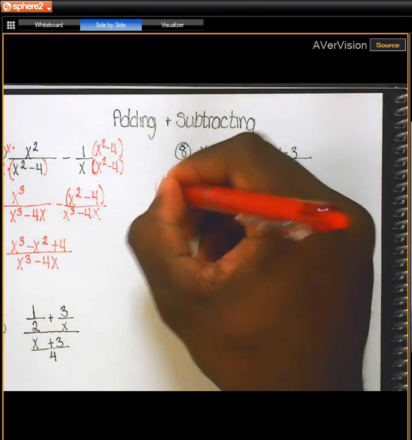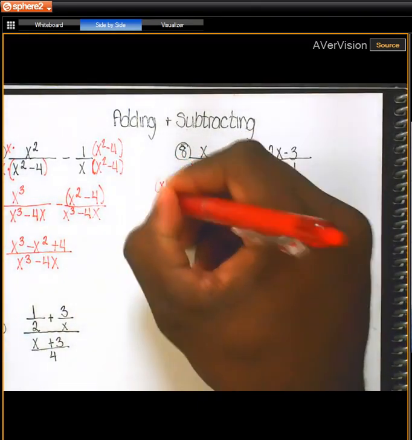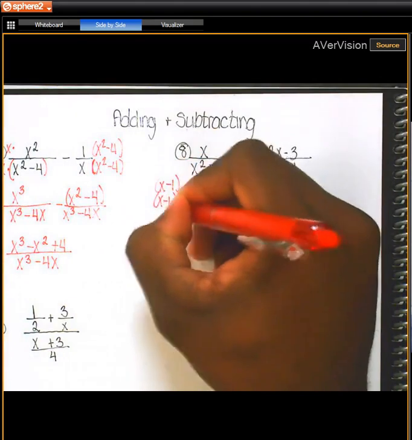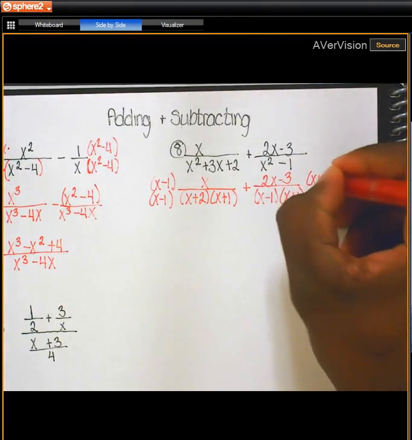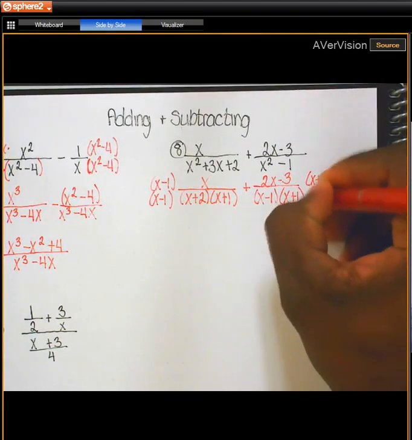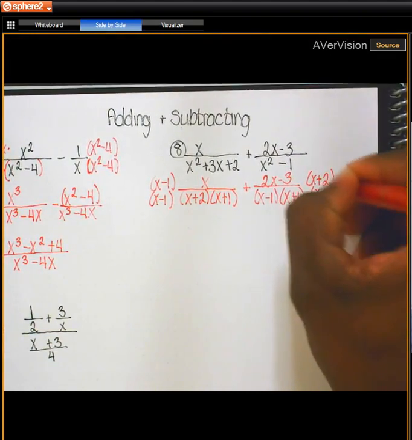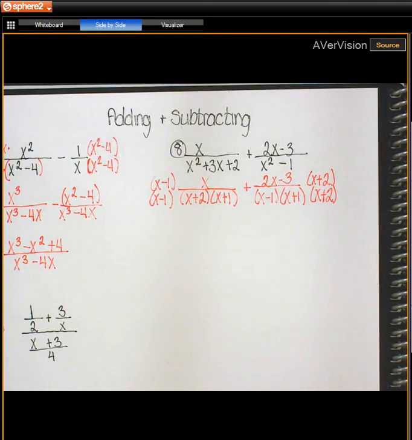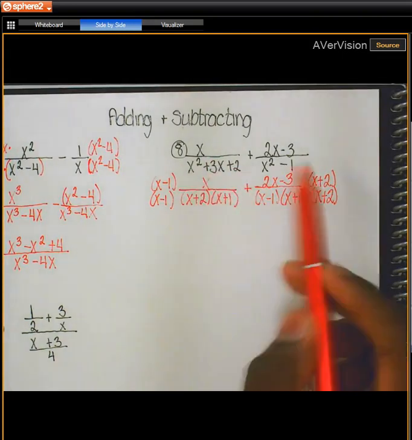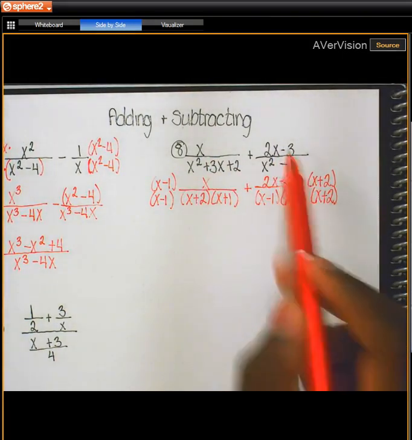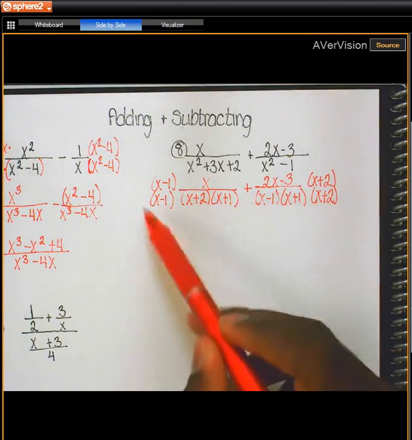We multiply that top and bottom. And this side is missing an x plus 2. So we multiply that top and bottom. Does that make sense? Instead of multiplying this whole trinomial to top and bottom over here, we were able to figure out that it was only missing one thing.